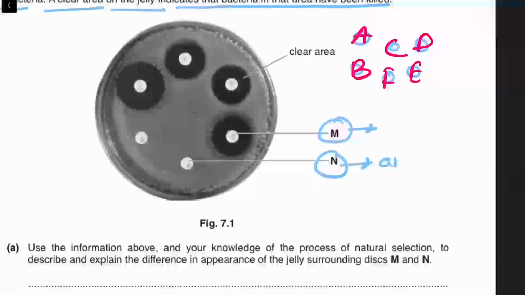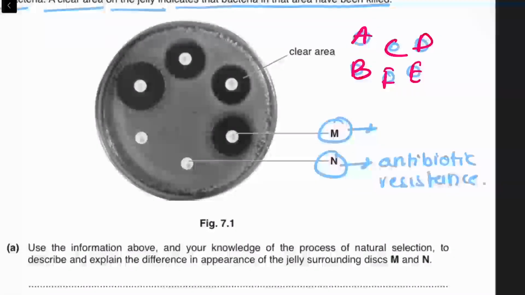Right? So, similarly, if you compare M and N, which one is antibiotic resistant? Which one is not antibiotic resistant? N is antibiotic resistant. What is antibiotic resistance? Basically, some bacteria have alleles. They have mutations that give them the power to withstand the effects of an antibiotic, meaning that because of that mutated gene, the antibiotic cannot kill the bacteria. Bacteria is protected.